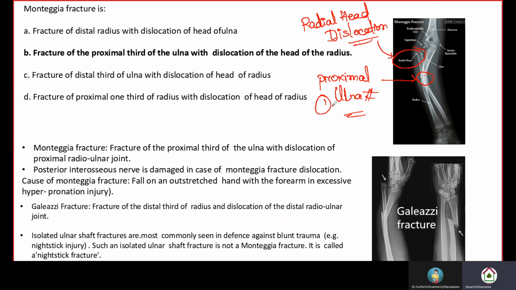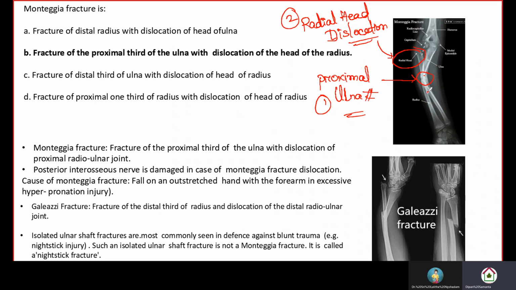Actually, the ulnar fracture is the first process. It leads to radial head dislocation because it pushes the radius. Because the fracture occurred in the proximal ulna, the radial head gets dislocated.